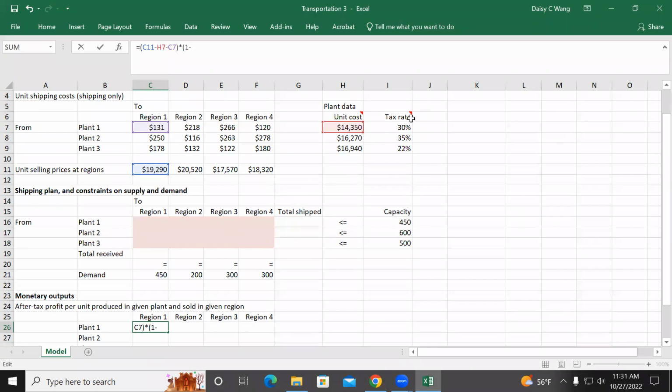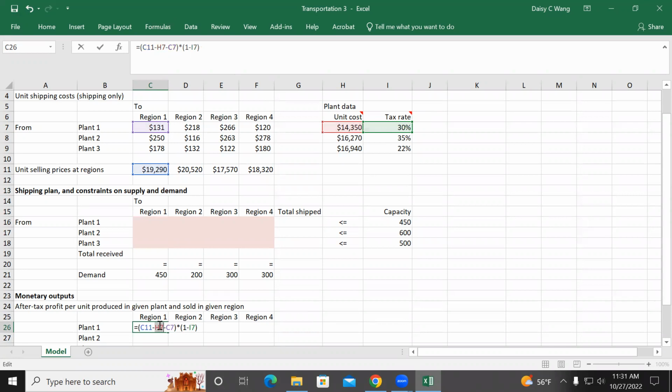But what's complicated is we want to be lazy, right? We don't want to do this for every single cell. So we want to think of a way that when we drag it over or down, it will move to the right place. So what do we do?